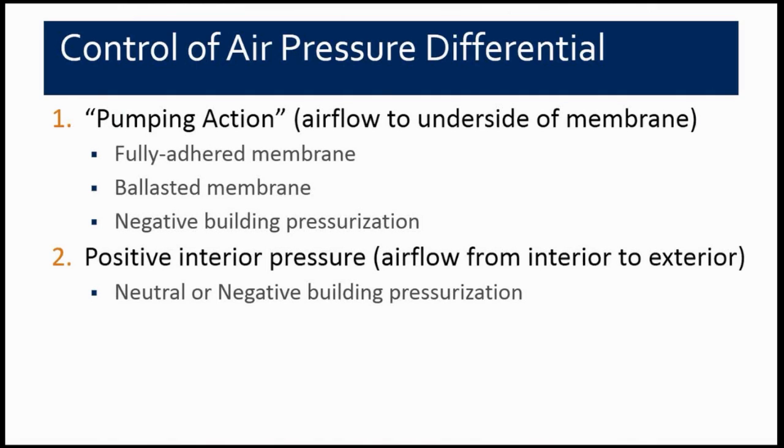So another way to control the air pressure differential, we talked about making the building neutral or positive, which is 0.2, which really isn't practical with direct fired units. With the pumping action, the best way to do it is to stop the membrane from lifting up. We could do that again by negative pressurization, but not practical due to the system.